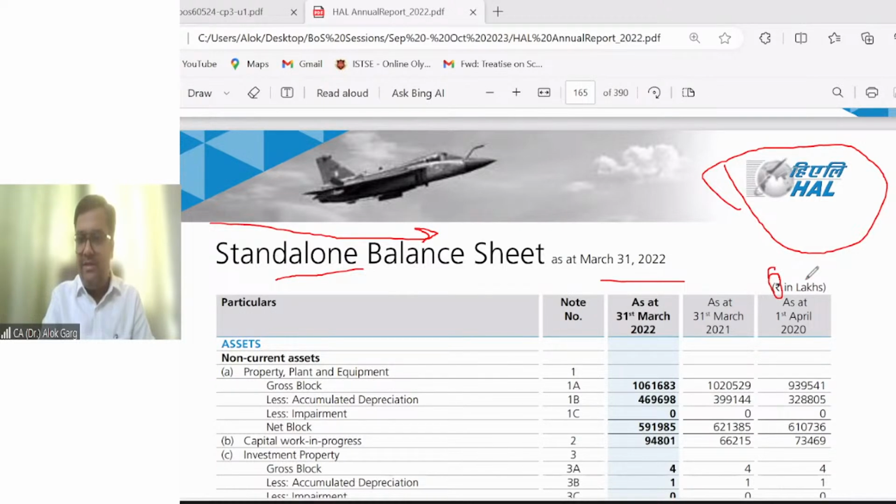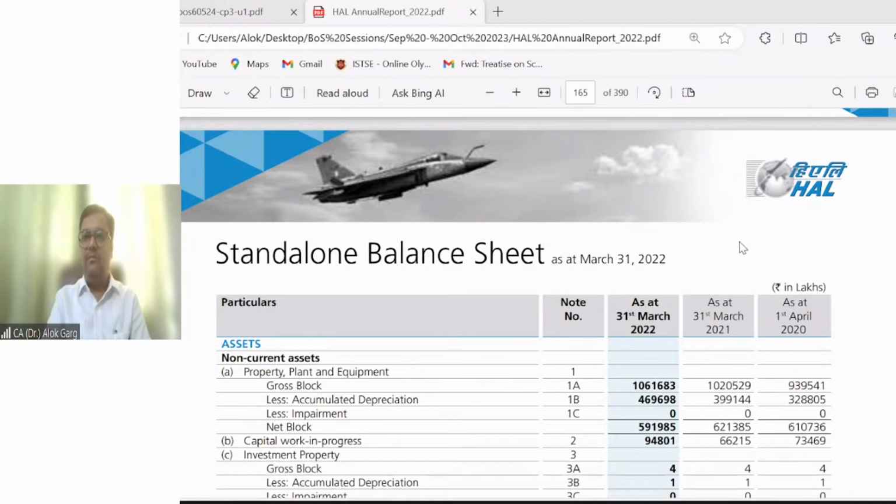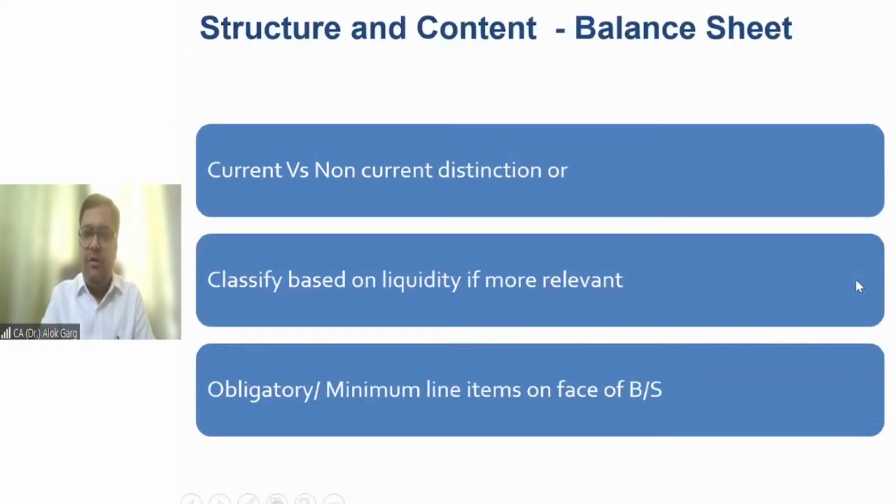So they have given the currency, they have given the rounding of unit. So they have given all this sort of information on the face of the balance sheet and the other components. I hope it is clear to all of you guys. Let me know if you have any doubt.